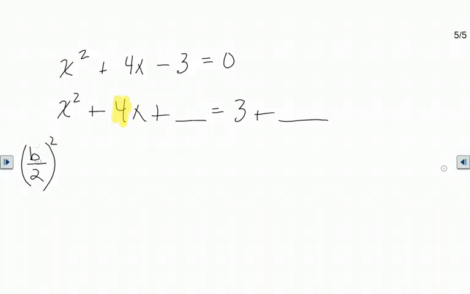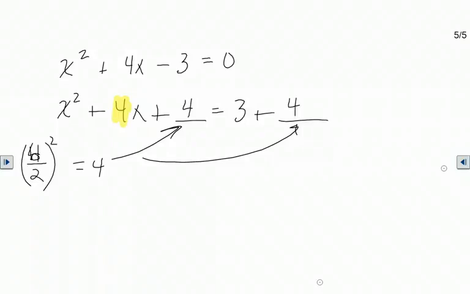So 4 divided by 2 is what? 2, and 2 squared is 4. So you put it in blanks. 4 and 4. How much rocket science we're talking about there? Not much. 4 divided by 2, 2 squared is 4. Can you always add it? You always add it on both sides.